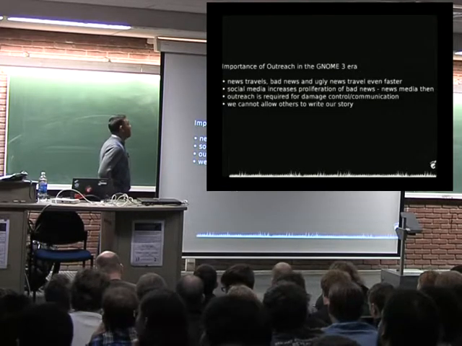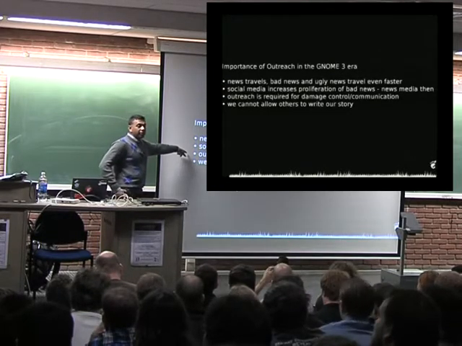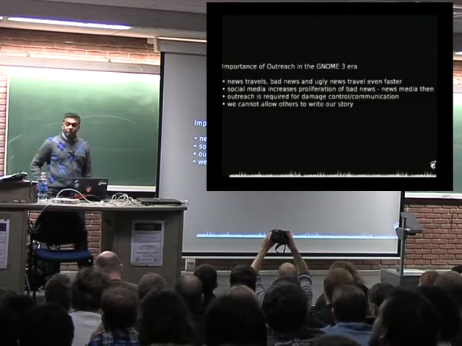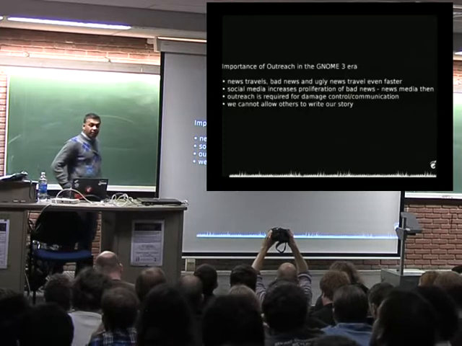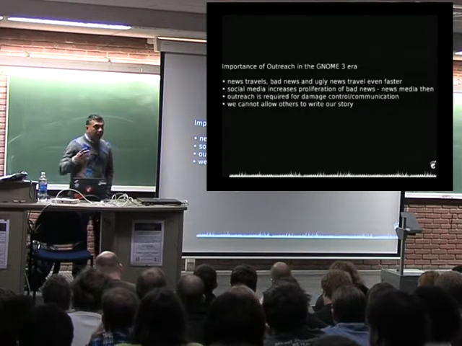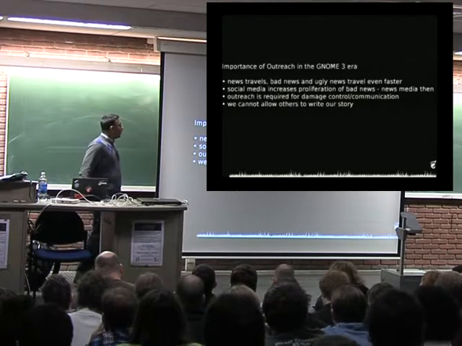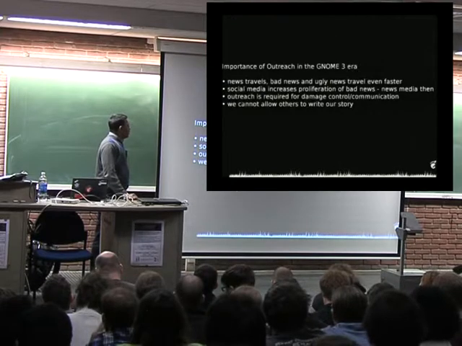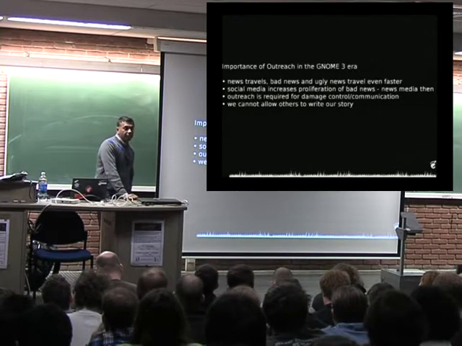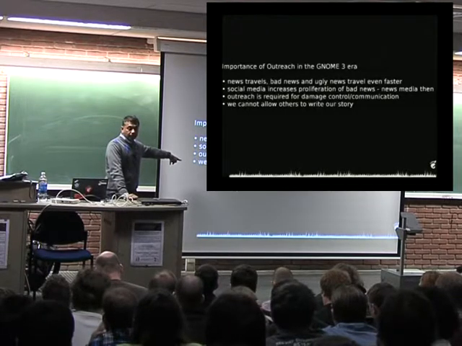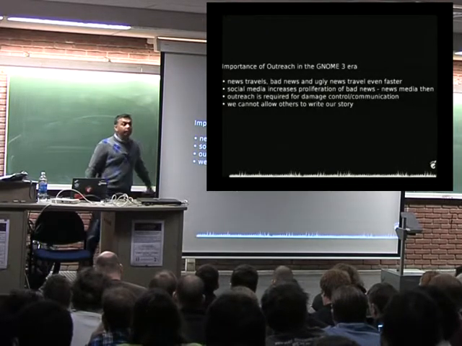So the outreach is required for damage control and communication. Because if you didn't do damage control, it'll just get worse, and everyone will have this negative view of the project. So again, it comes back to this: we cannot allow others to write the story. Never allow anybody to write your story.